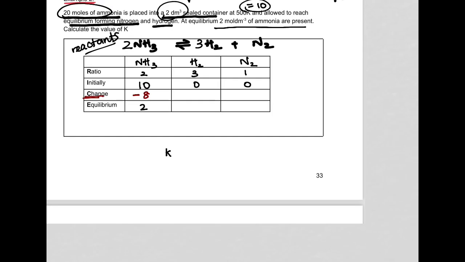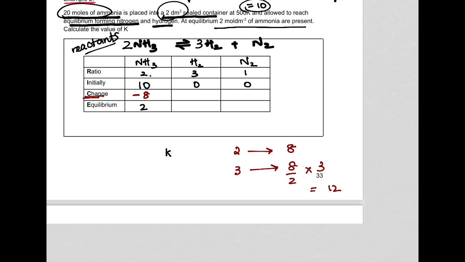Now I'm going to look at the ratio here. The ratio is 2:3. So 2 NH3 corresponds to a change of 8. Therefore, 3 hydrogen will correspond to a change of 8/2 times 3. So that gives me 12.